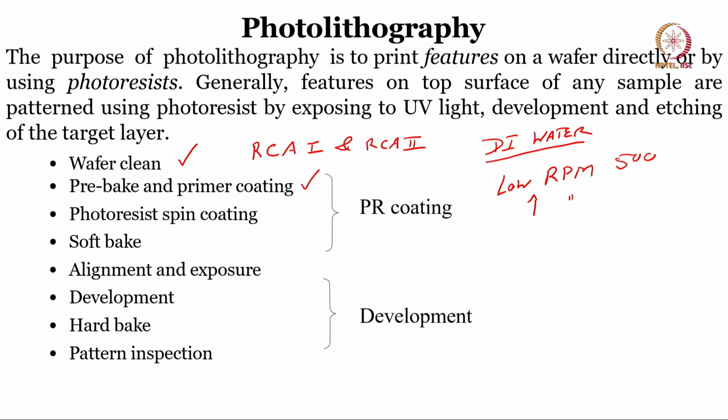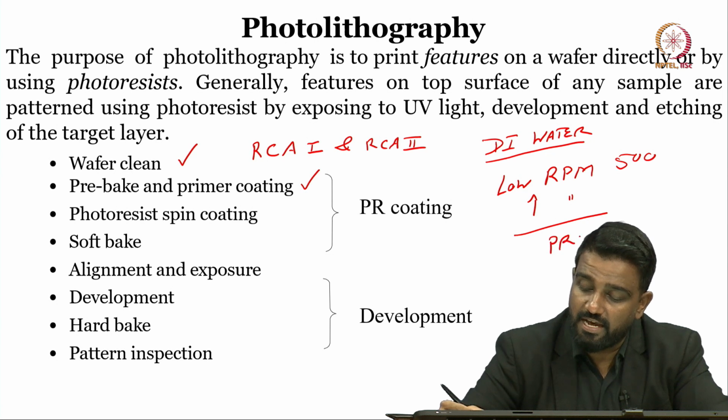So initially we use the lower RPM to have a uniform deposition, followed by increasing the rotations per minute, so that we can have the thickness of the photoresist as desired, alright.